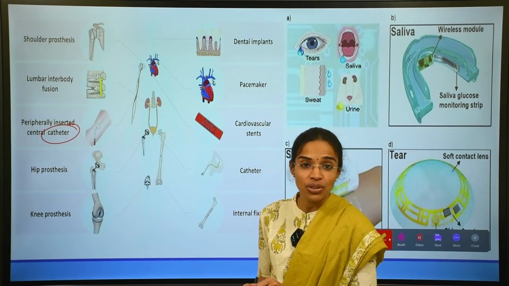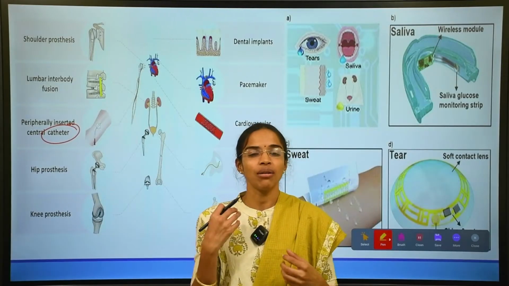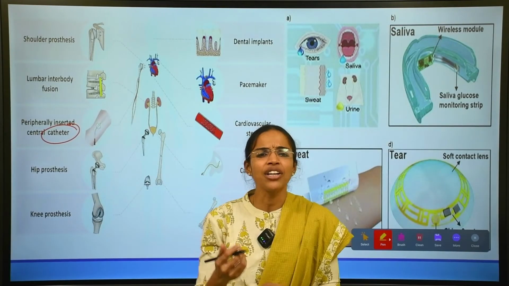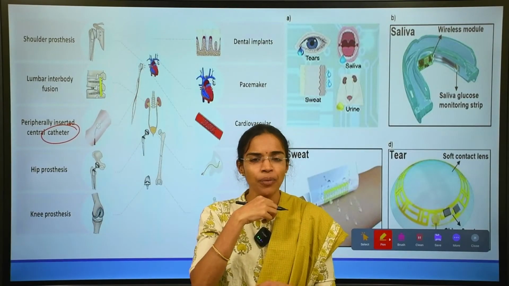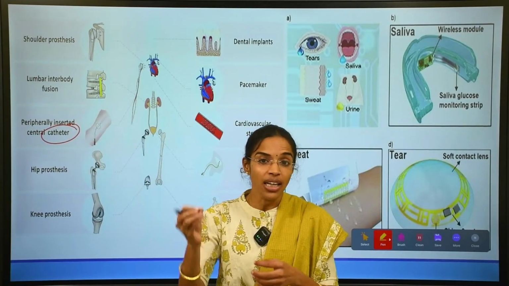And also the GI tubes, whatever we use for feeding. Gastrectomy tubes are nothing but feeding tubes which are inserted through the mouth or through the GIT, to any part of the GIT to feed.